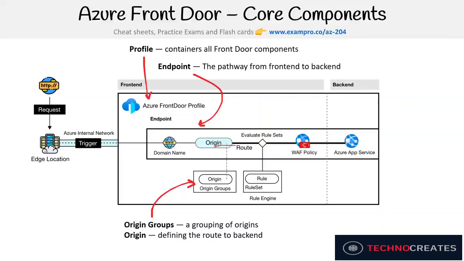So you assign origin groups to an endpoint, and it can route to multiple origins. Then you have a route, and the route is where you can apply your rules and rule sets to determine more routing things. Then we have the ability to have a WAF policy before it reaches the backend. Hopefully that makes it a little bit more clear.